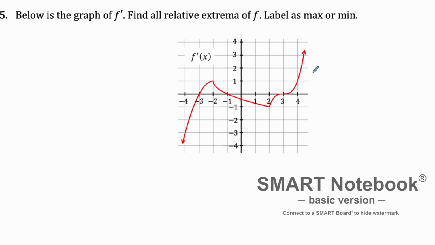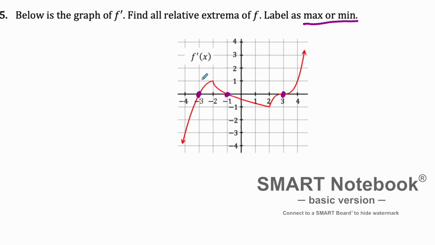All right, number 5 is kind of along the same lines as what we just did, in that we're starting off with the same point. So if we're finding the relative extrema, we're basically just looking for the max and the min. We need to first of all see where this graph is 0. So we know at these points right here, it is 0, okay?